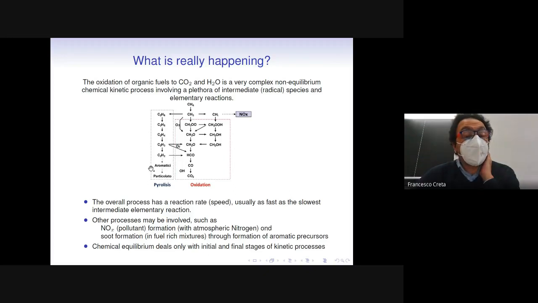The reason for the formation of this is that in the chemical pathways you have sub-processes or sub-pathways that will tend to increase the size of carbon molecules into so-called polycyclic aromatic hydrocarbons.